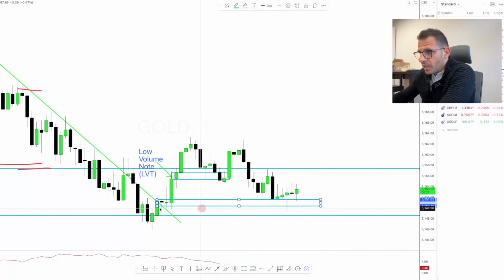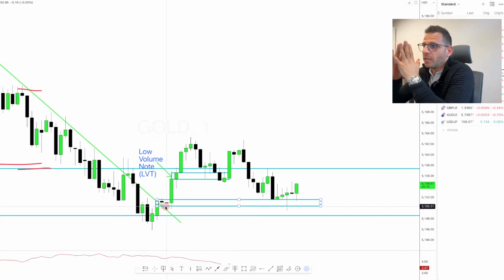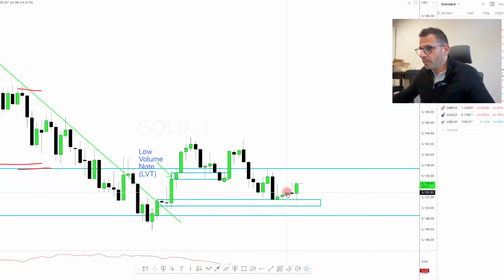When you see black and green candlesticks together, for a beginner trader, just to help you out, it's a good area to understand there was a balanced market. And usually the price wants to come back to these areas because it felt comfortable. And this is why we see the wick right here.